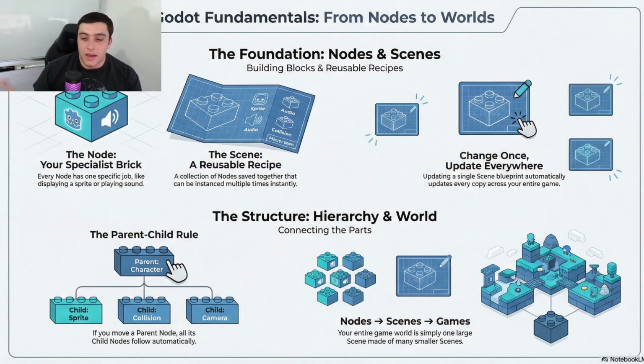The structure, the hierarchy, and the world. Connecting the parts: nodes, scenes, games. Your entire game world is simply one large scene made of smaller scenes. So, in Godot and a lot of other things, there will be a main scene, which is probably going to be your world, that you create.